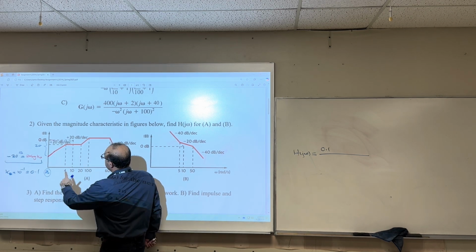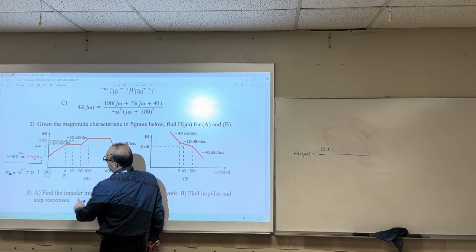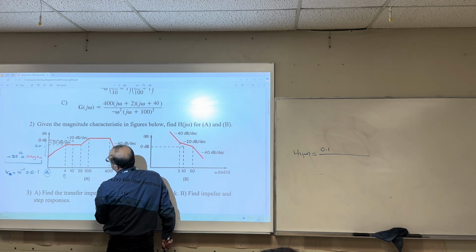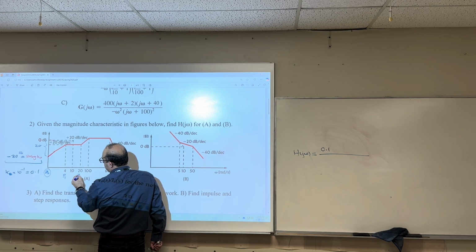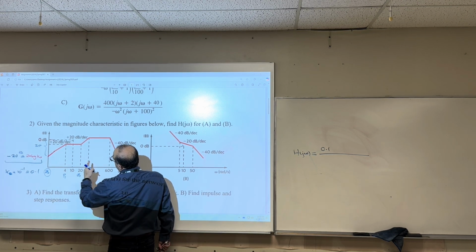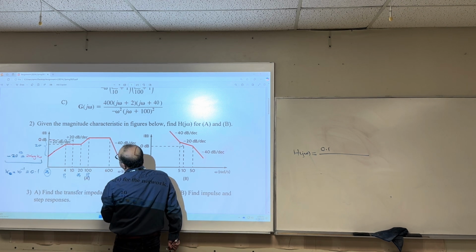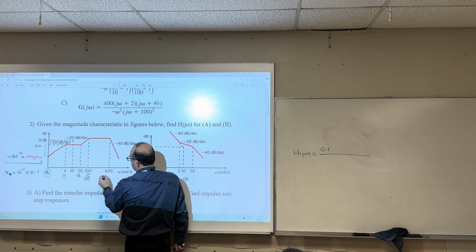Then you reduce to 0. Here I have P1. At 10, I don't have anything. That information is only used for finding K0. Here, I have another zero, I call it Z1. Then again, one pole, P2. And here I have 2 poles, P3.